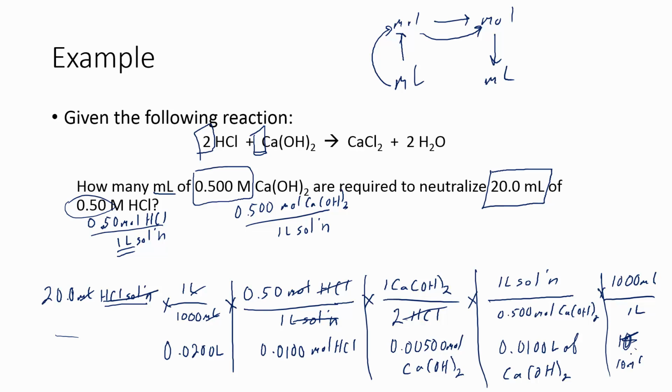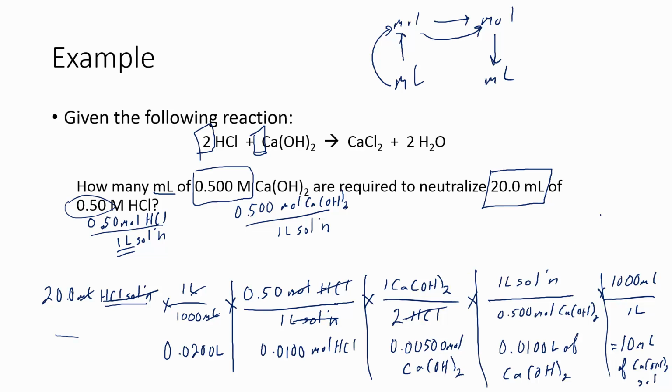That wasn't getting any better. All right, 10 milliliters. So at this point now we have 10 milliliters of calcium hydroxide solution. Okay, and that's our answer. And then we stop and we say, does this make sense?